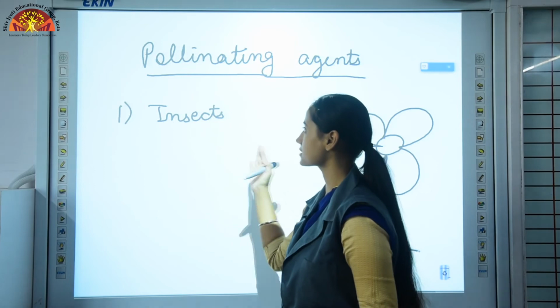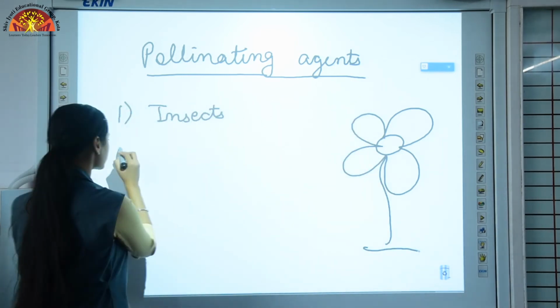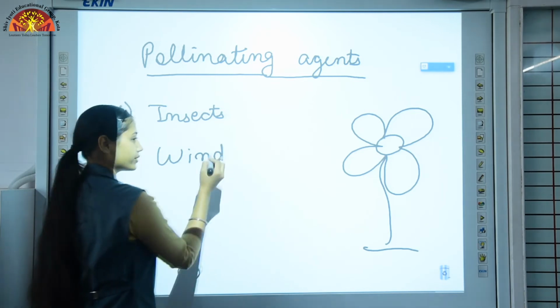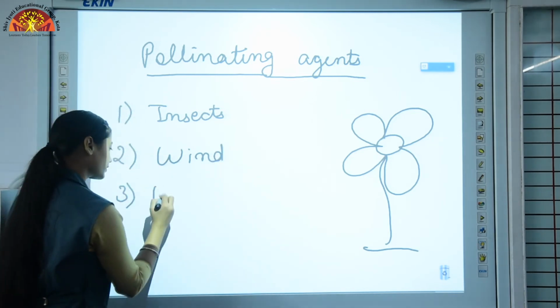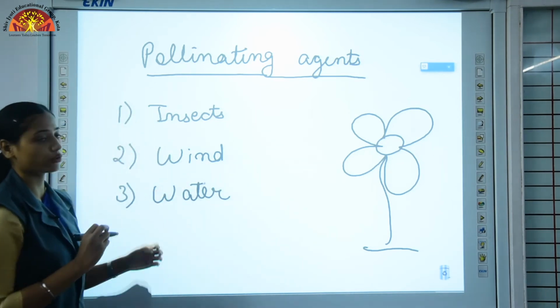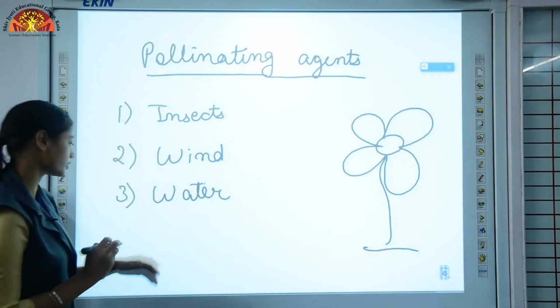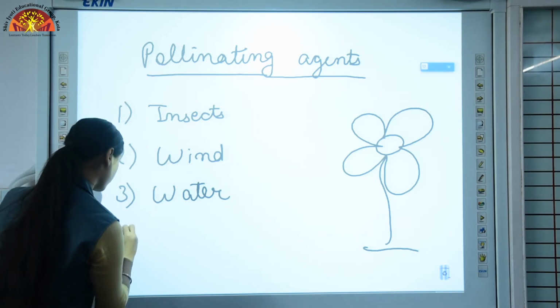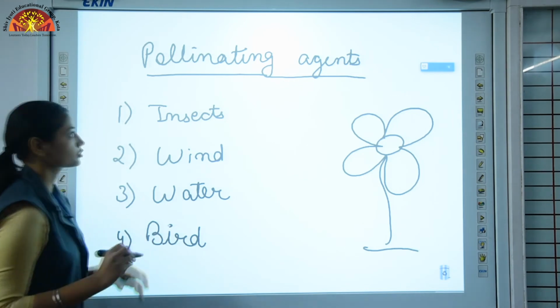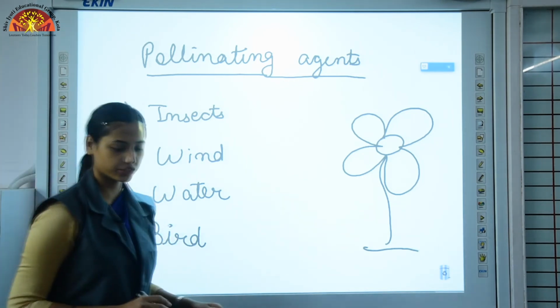So this is how insects are responsible for pollination. Other agents are wind, with the flow of wind, then water. In aquatic plants, the pollinating agent is water, and birds also help in pollination. So these are a few pollinating agents.